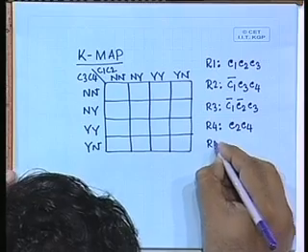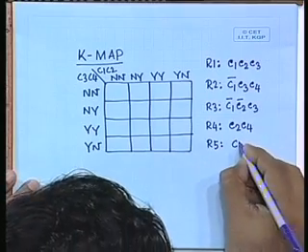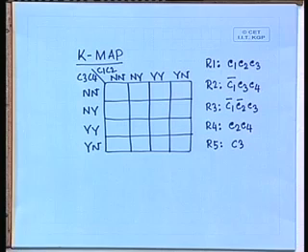And finally R5, that is C3. Fine. So, this is the thing. Now, we have to specify the actions on this particular case.